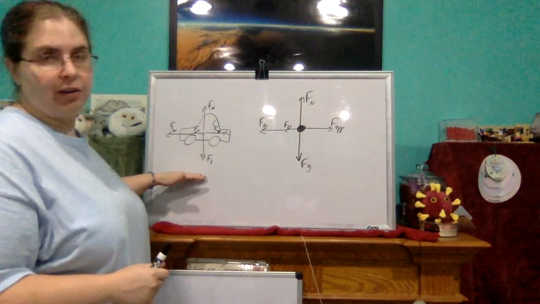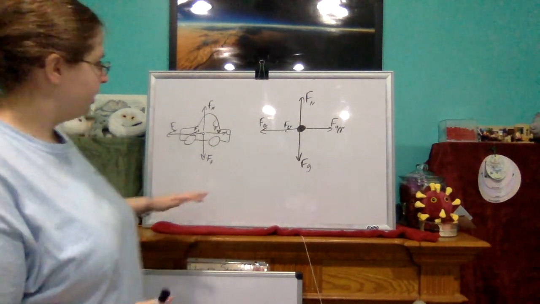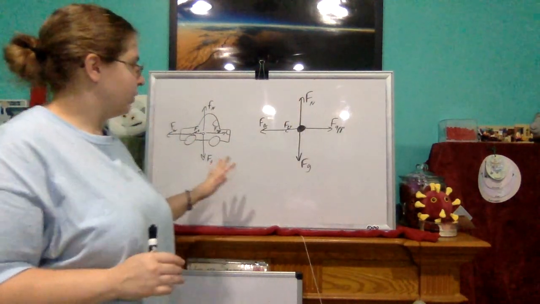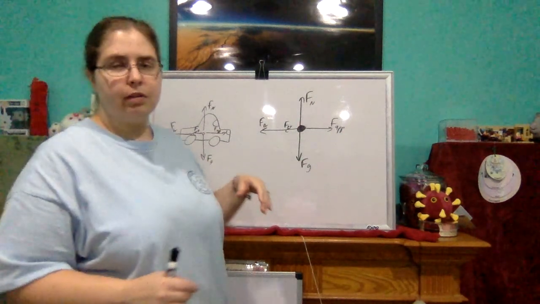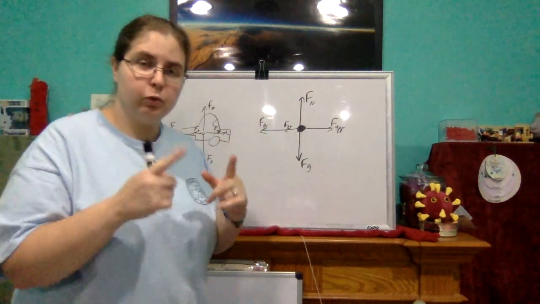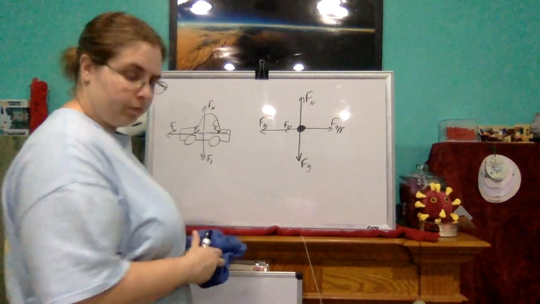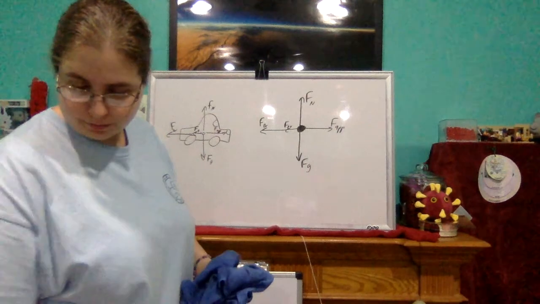So we have a force diagram on this side. Here's our free body diagram. It shows us what directions the forces are being applied. It shows us an idea of the magnitude because the length of the arrow is proportional to the strength of the force. Let's do a couple more.